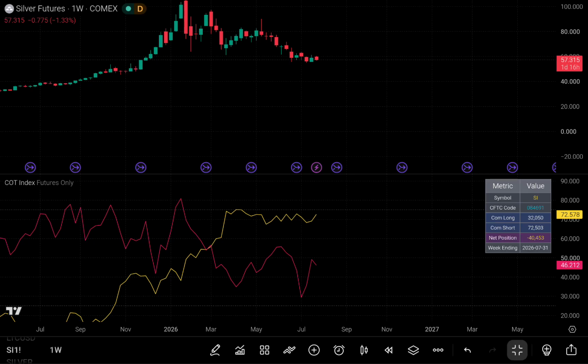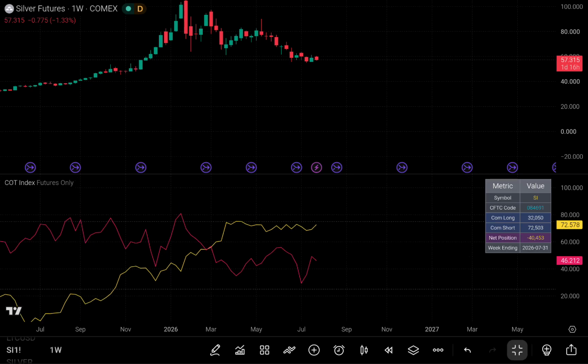And there's this percentage. It says 70. If you look to the right side, you're gonna see that for the yellow line it says 72, and for the pink line it says 46. What is that? Good question. If you guys know it, just pause and comment. But I'll explain what that is.